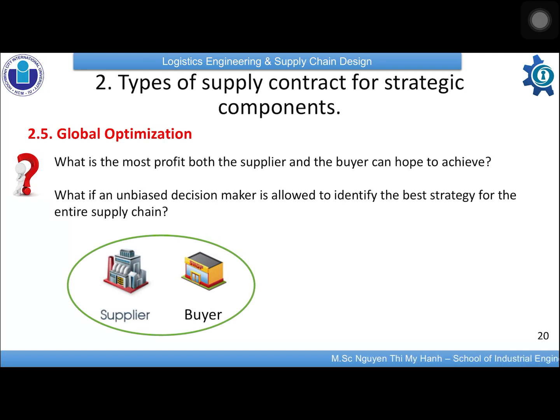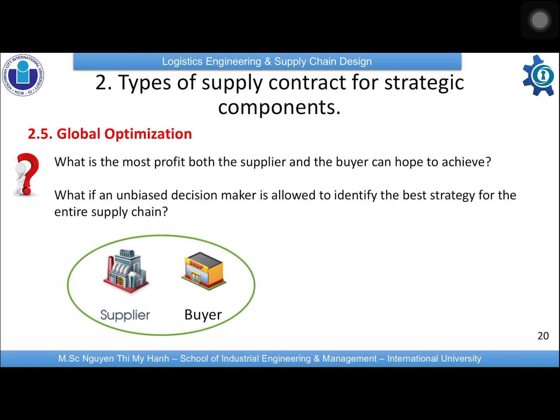So the question is, what is the most profit both the supplier and the buyer can hope to achieve? Earlier we saw that the revenue sharing contract and the buyback contract can increase both supplier and buyer profit, right?